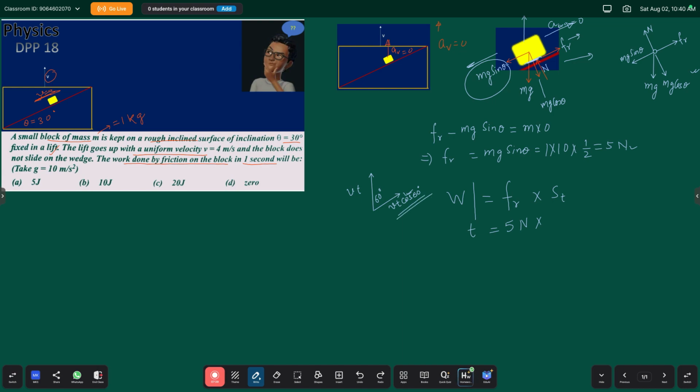The displacement is Vt cos 60 degrees. Just put in the values: V is 4 meters per second, cos 60 degrees will be half. So 5 into 4 into t into 1 by 2.